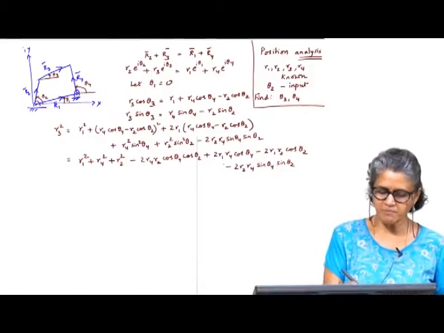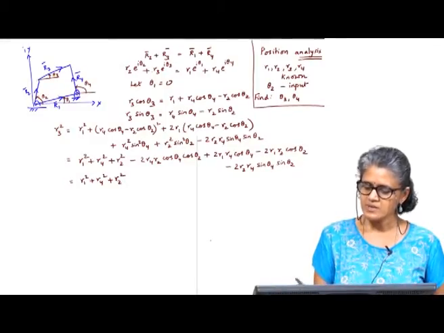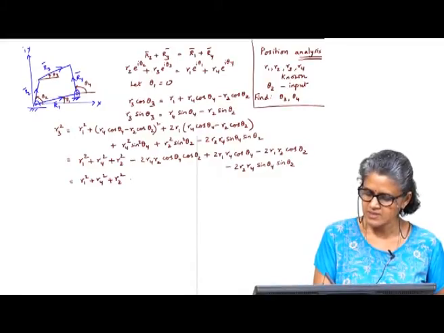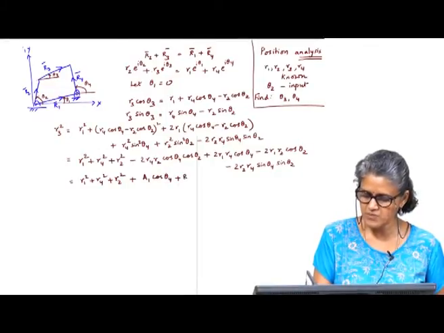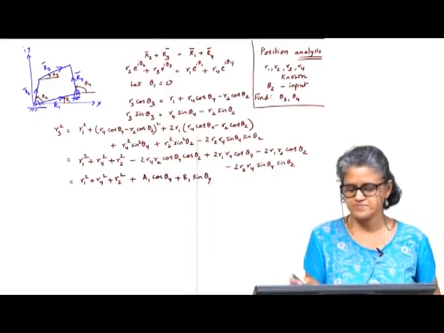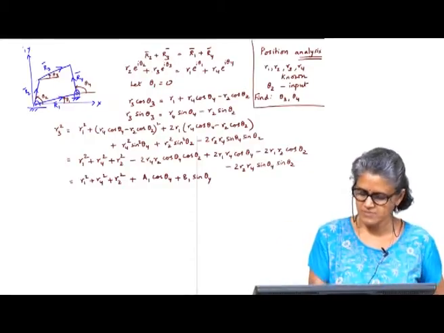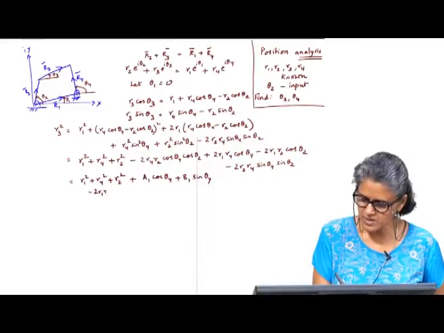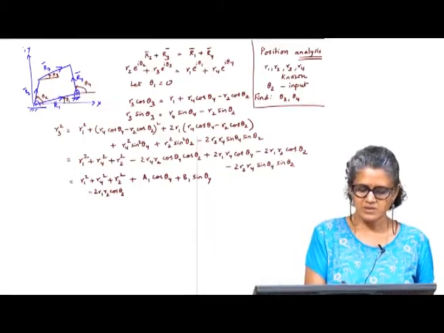So, I will group them as r 1 square plus r 4 square plus r 2 square, plus some a1 cos theta 4 plus b1 sin theta 4. This would also go with this one, minus 2 r 1 r 2 cos theta 2, so this is a constant.